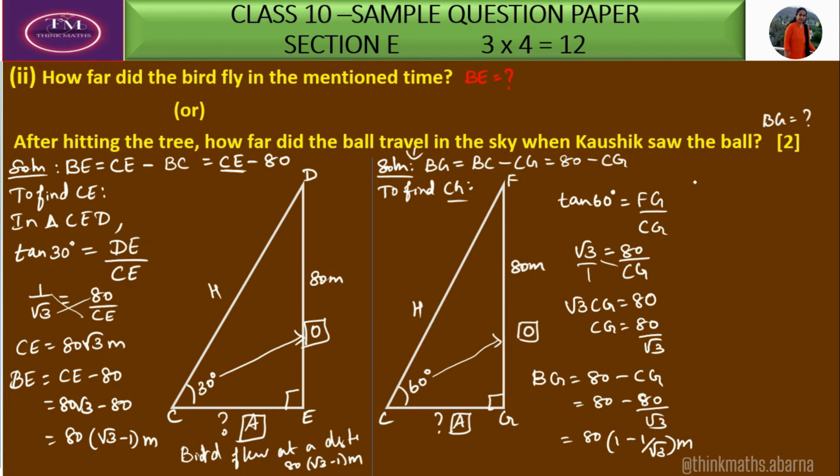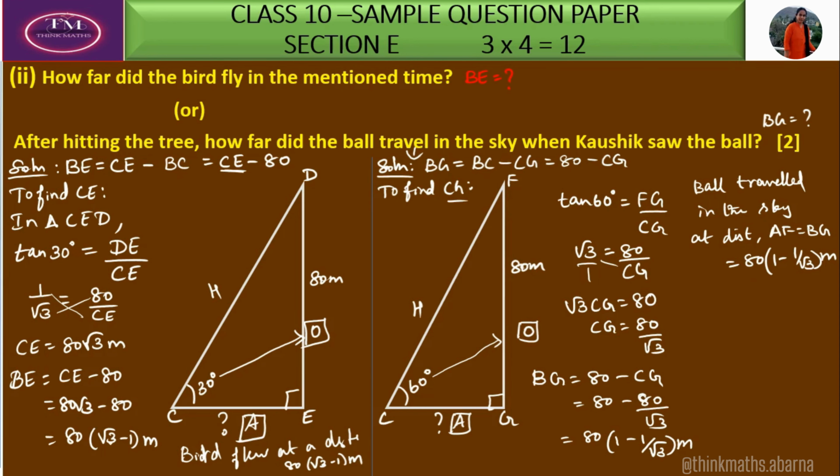So its distance is AF, which is equal to BG, which is equal to 80 into 1 minus 1 by root 3 meter. So this is the distance traveled by the ball.